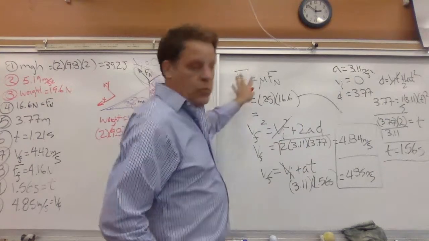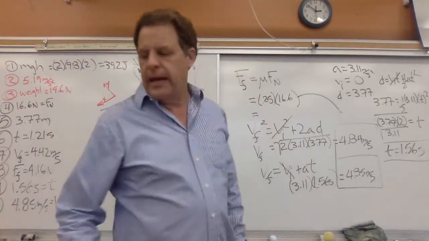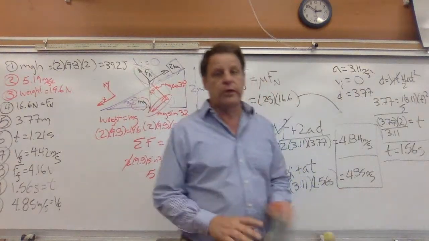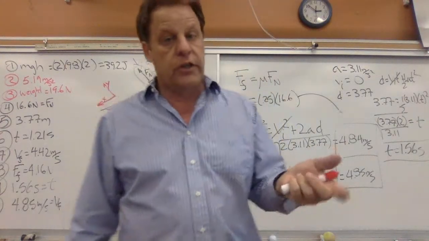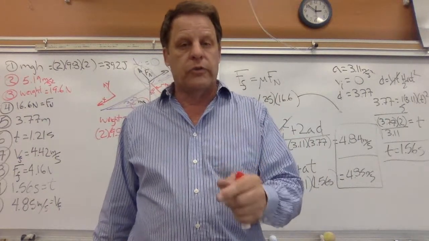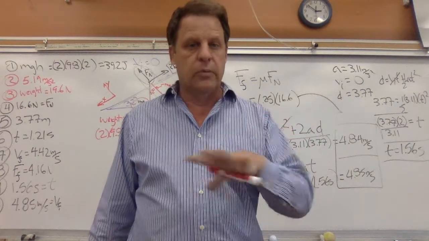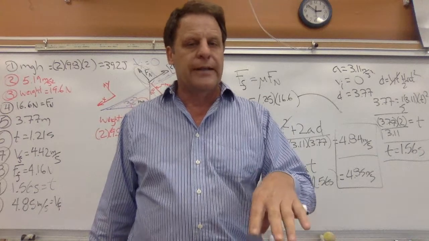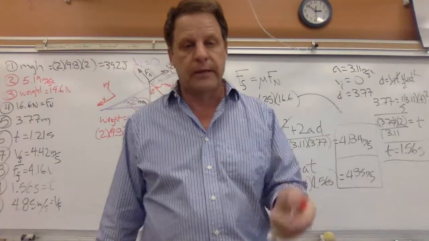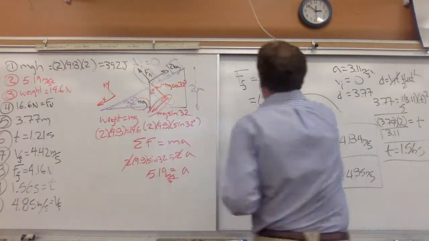So I'm going to kind of redraw that right here. As you know, we have talked about the difference between the coefficient of static friction and the coefficient of kinetic friction. For our purposes here, we're going to say this coefficient of friction is the same for both static and kinetic. It'll just make it a little bit easier.